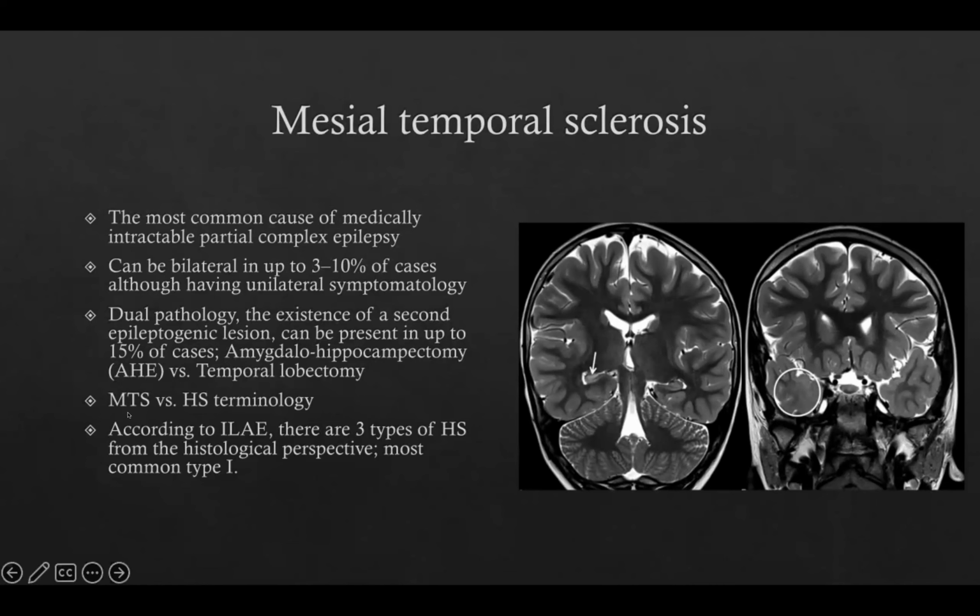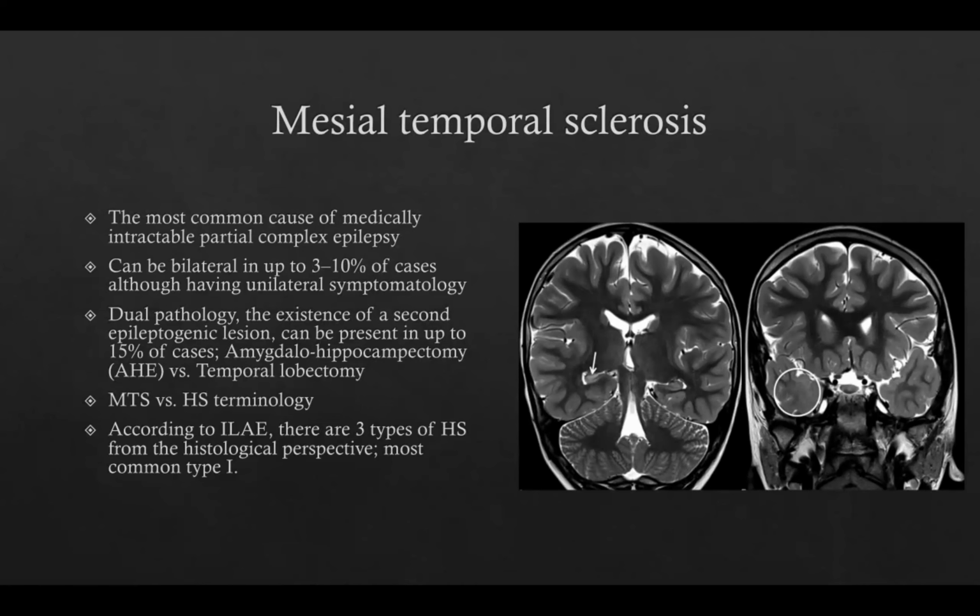You might also hear some difference in terminology between mesial temporal sclerosis or hippocampal sclerosis. Sometimes it can be interchangeable. Usually hippocampal sclerosis, we will reserve when the changes are more at the hippocampus only.